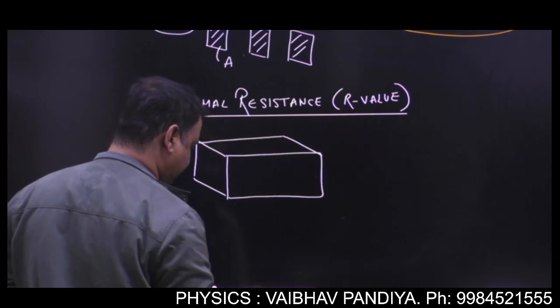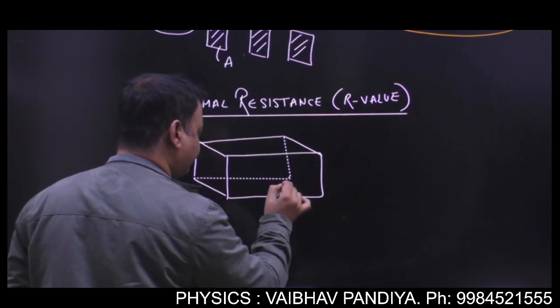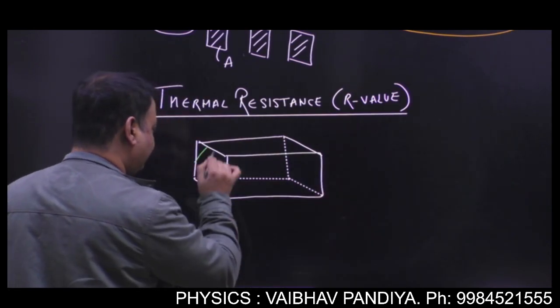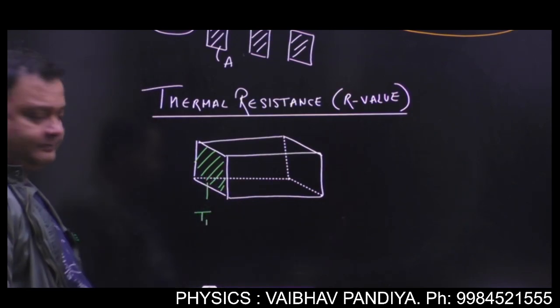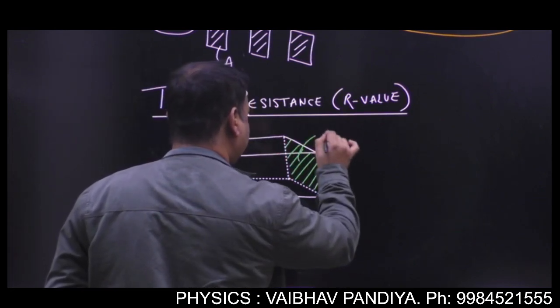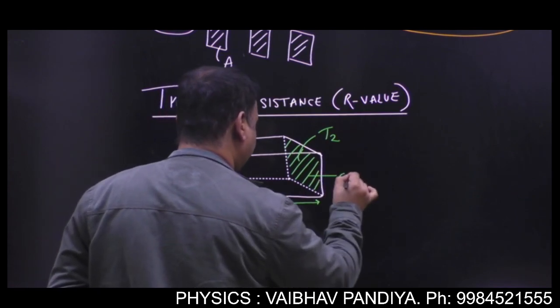Again, I'm repeating, the limitation is that the area is uniform. We will see shortly if the area is non-uniform, we will apply calculus. Right now, this surface has a temperature T1. Got it? And this surface has a temperature T2. And this length is L. And this area is A.